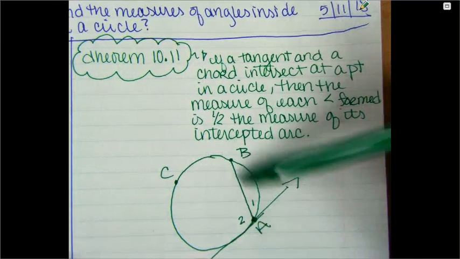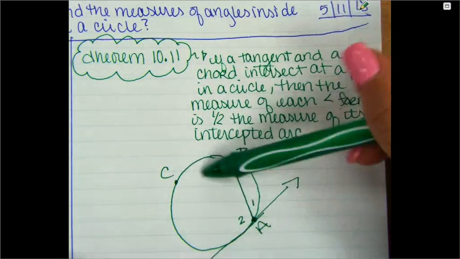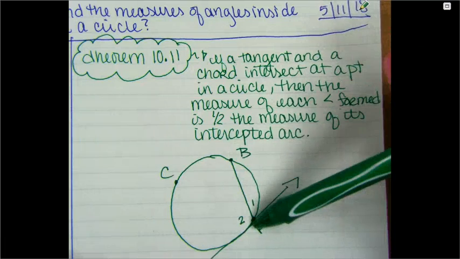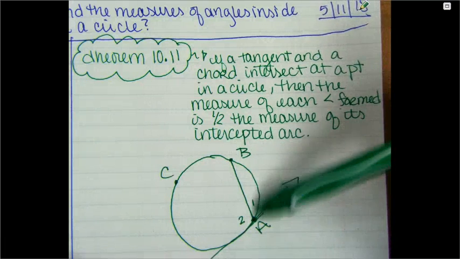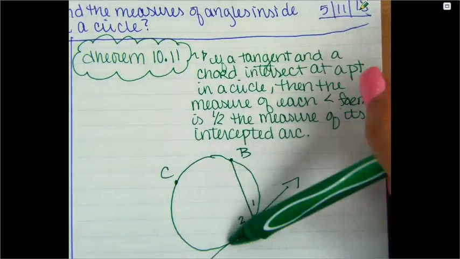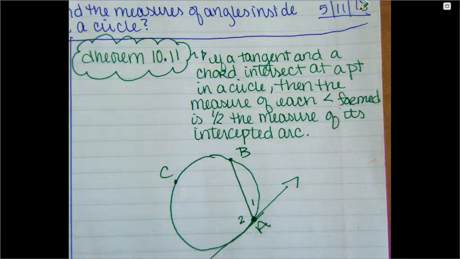This Pac-Man is eating this way, correct? This angle goes this way, so the Pac-Man has a smaller piece. That's what the intercepted arc means. It's inside of the angle. When the angle opens up, it's connected inside. Make sense? Okay.